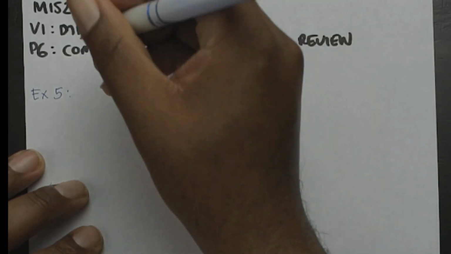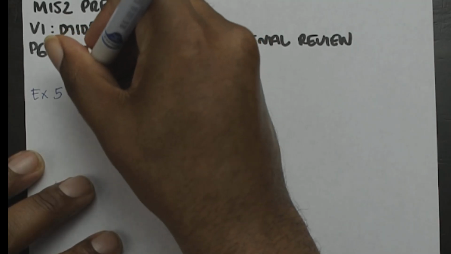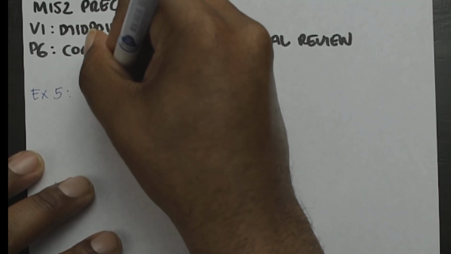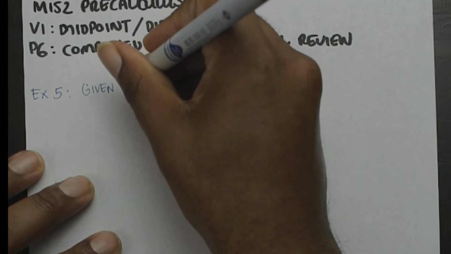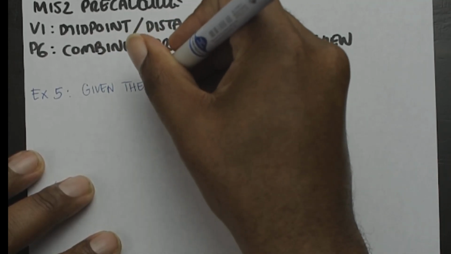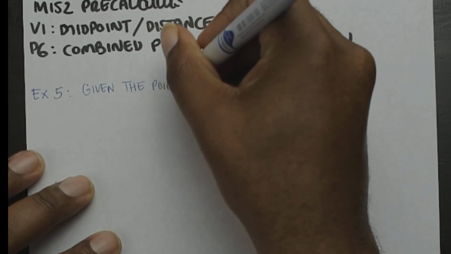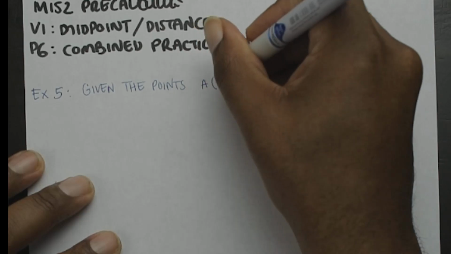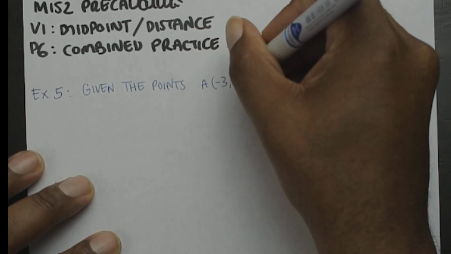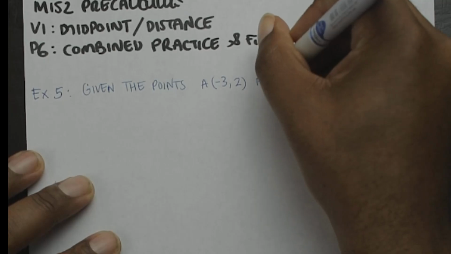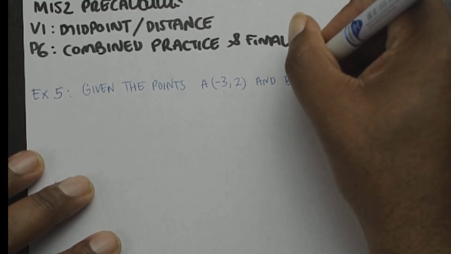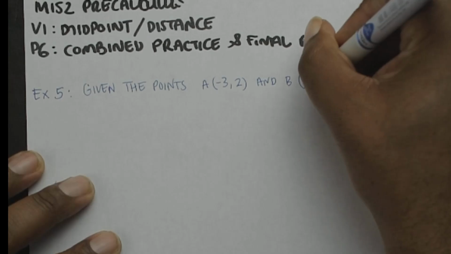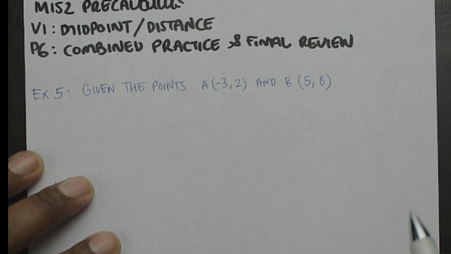Example 5 is given the points A, -3, 2, and B, 5, 8.